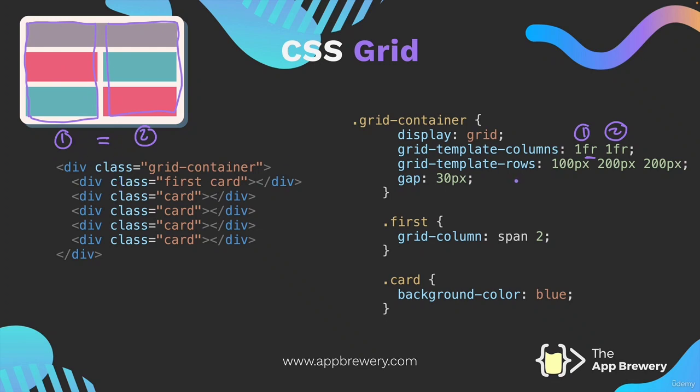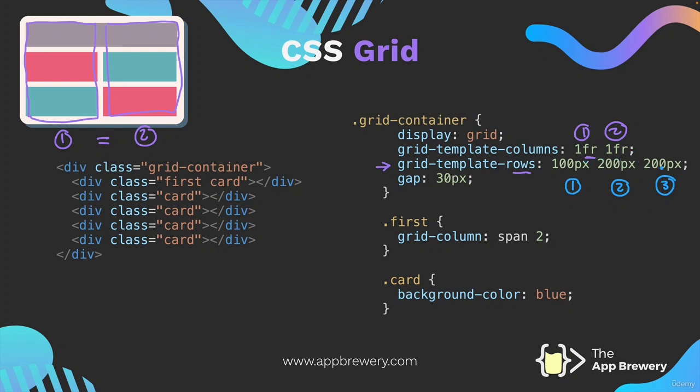The next line, if we look at this, says we should also create some rows in our grid. And because there are 3 different values here, then we're creating 1, 2, and 3 rows. And we're creating these rows a little bit differently from our columns. Now we could do the same thing.